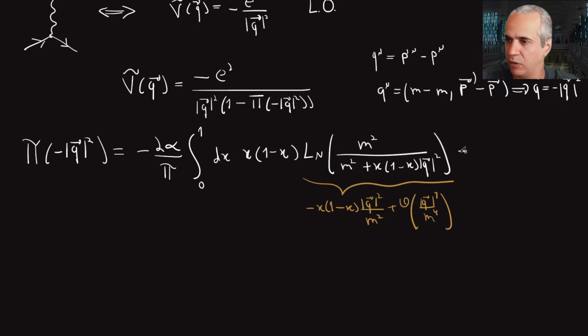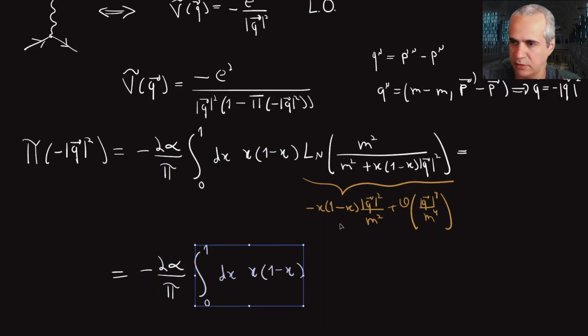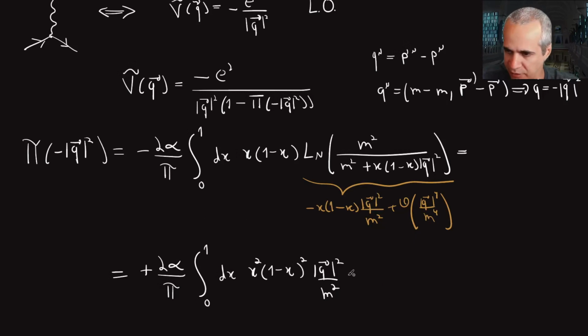So now my self-energy becomes just this times this one. So there's a minus sign that comes from here. This will be x squared, 1 minus x squared, times Q squared over M squared, right? And that's now easy to integrate.